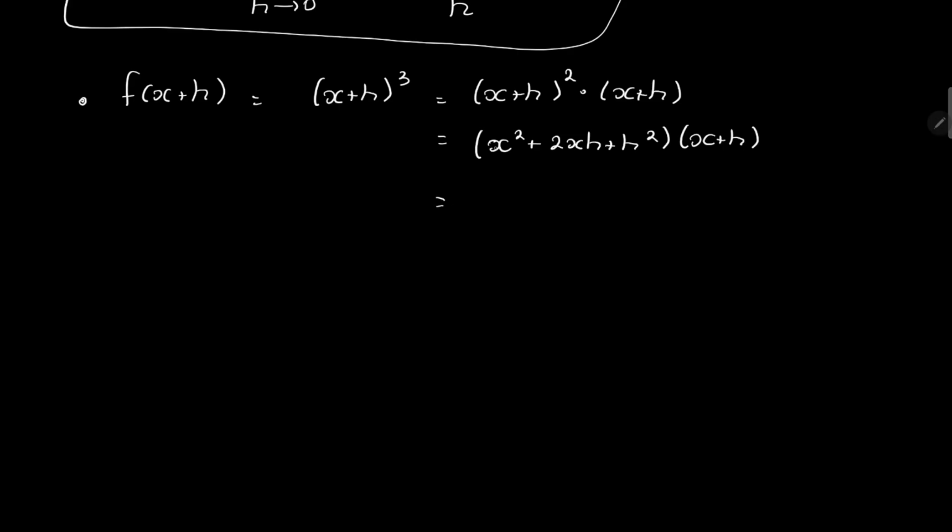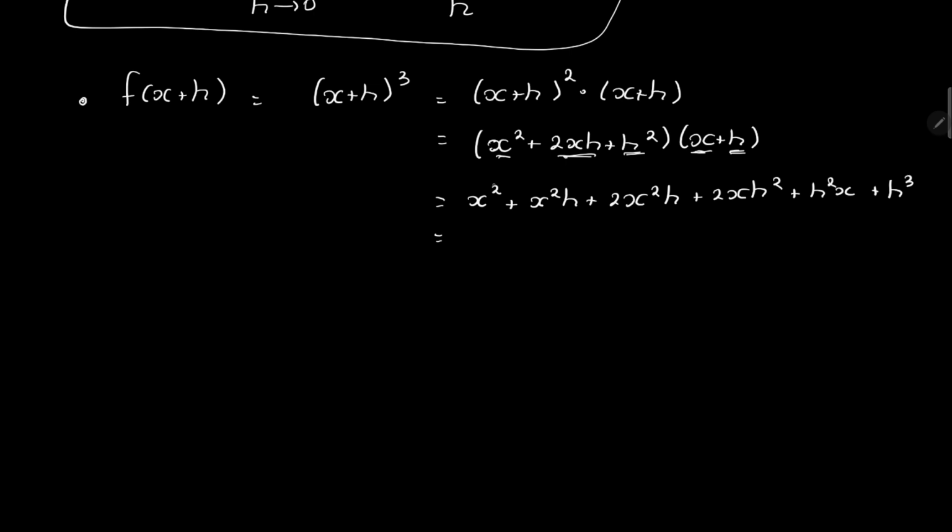Now multiplying term by term, we have x squared times x is x cubed, x squared times h is x squared h, 2xh times x is 2x squared h, 2xh times h is 2xh squared, h squared times x is xh squared, h squared times h is h cubed.